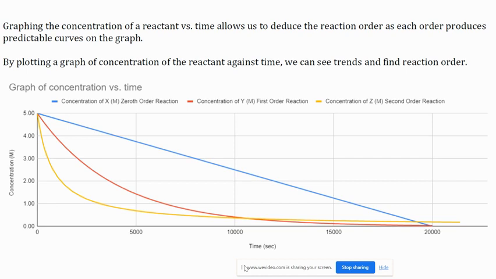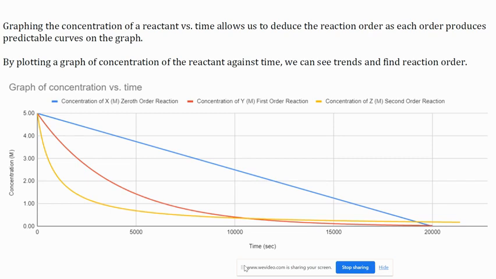Okay, so you can look at a graph. If this line is straight for whatever this concentration of X, they're just calling it X here, that means that it's zero order. Okay, now the red line is given here with the concentration versus time.